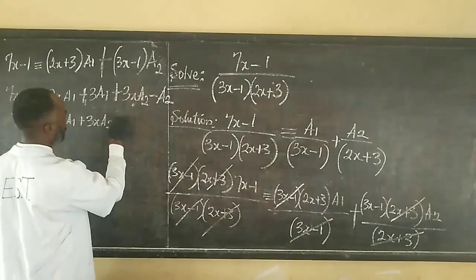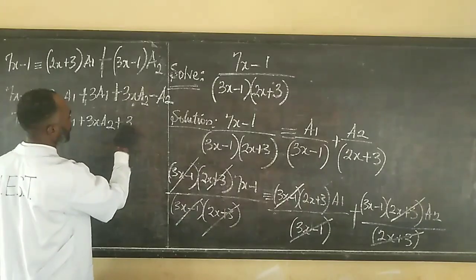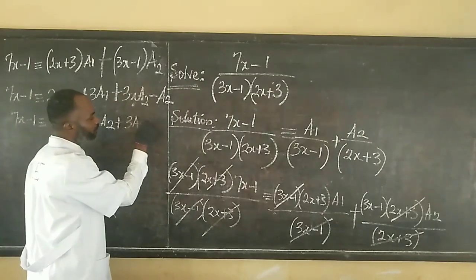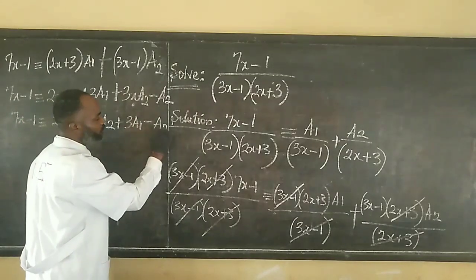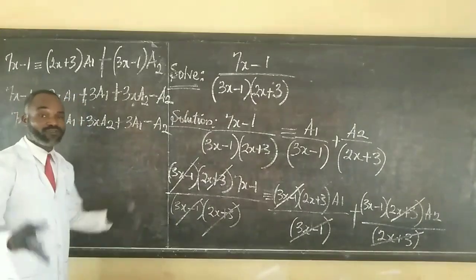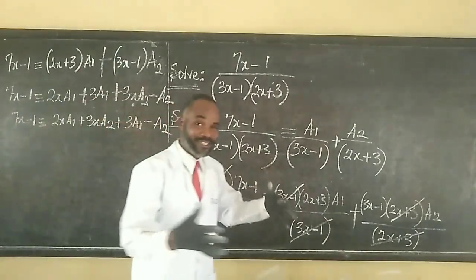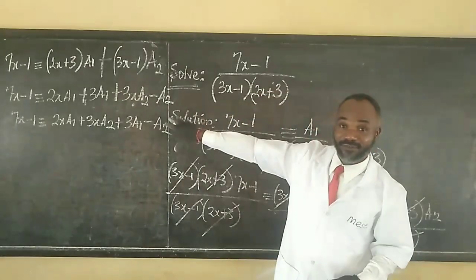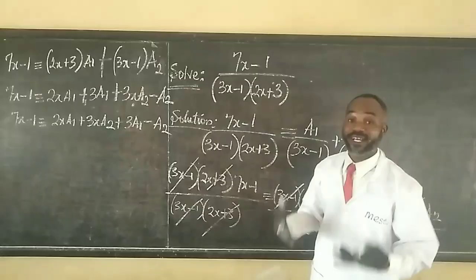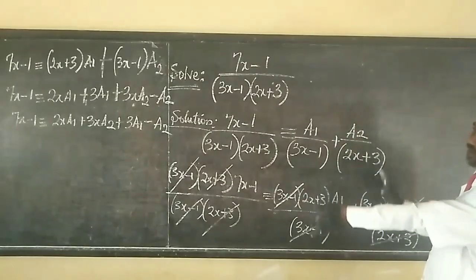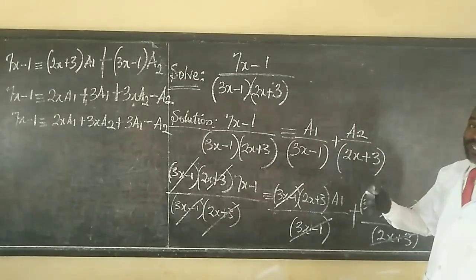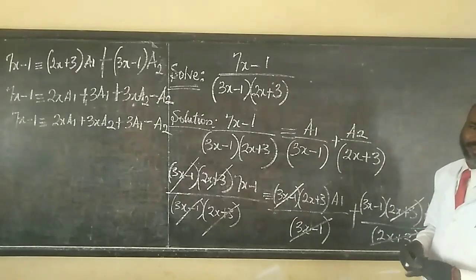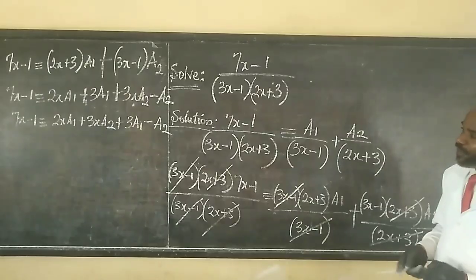Without wasting time, 3A1 can come, we then go with minus A2. That is it. We have successfully collected together like terms in the expression. Remember, what we are solving is partial fraction, and that is why we are having this method. There is also another method that is simpler than this, but let's learn this because of the stepwise approach.